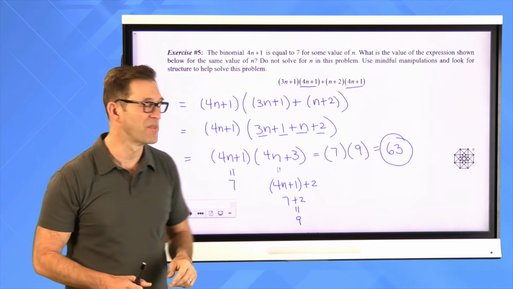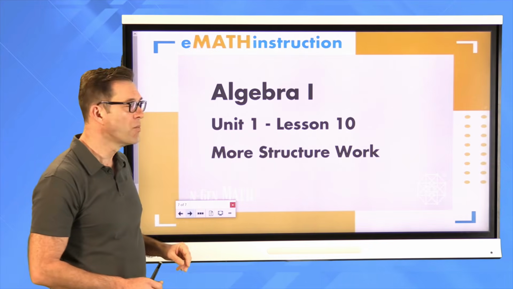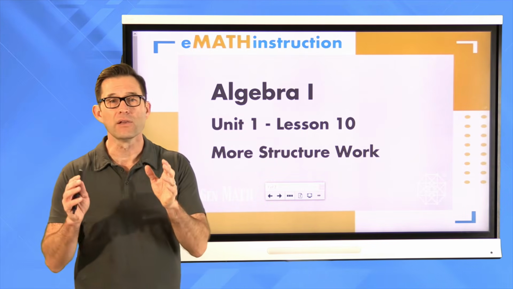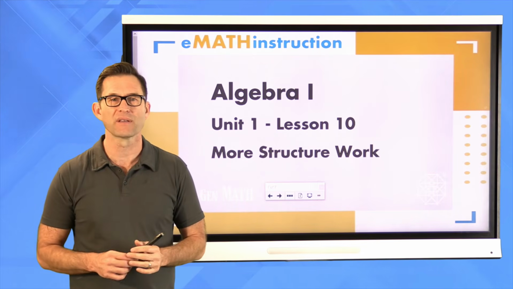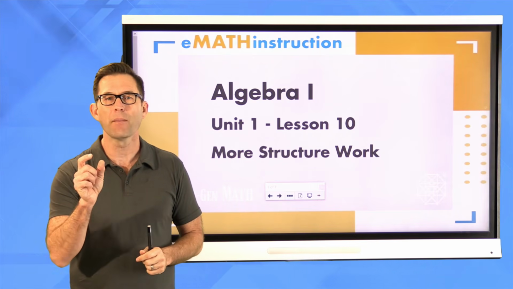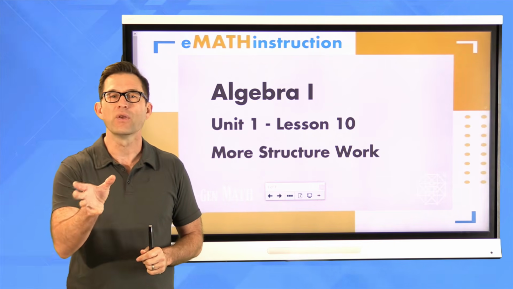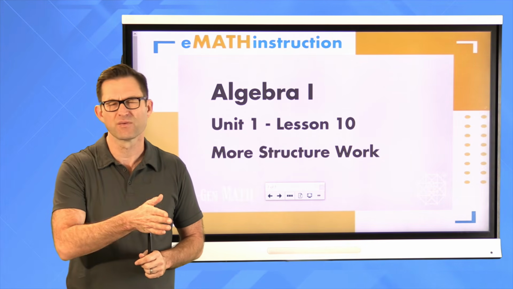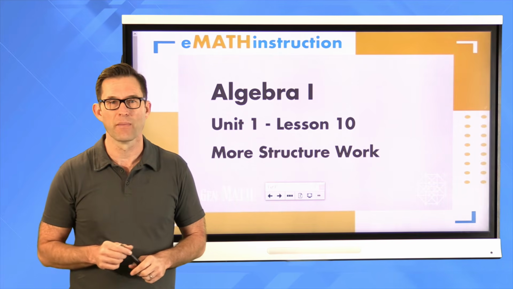All right, let's wrap this up. So mostly what we did today was more work at looking at complicated algebraic expressions and seeing common binomial factors that we could then factor out of the expression by going in the reverse sort of direction of the distributive property, right?